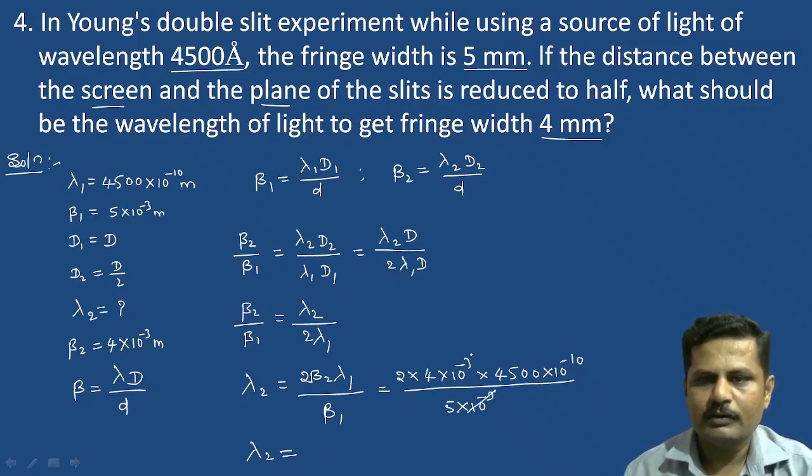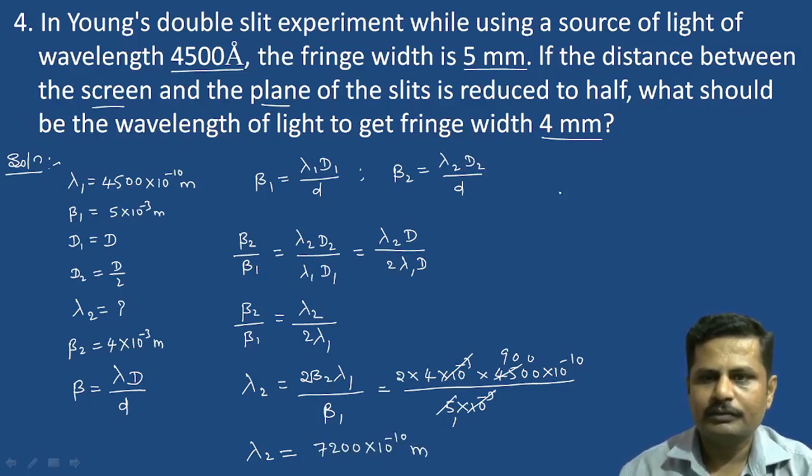10 to the power of minus 3 and 10 to the power of minus 3 get cancelled, and here 5 ones are 5, 5 nines are 45, 4 twos are 8, 8 nines are 72, that is 7200 into 10 raised to minus 10 meter.